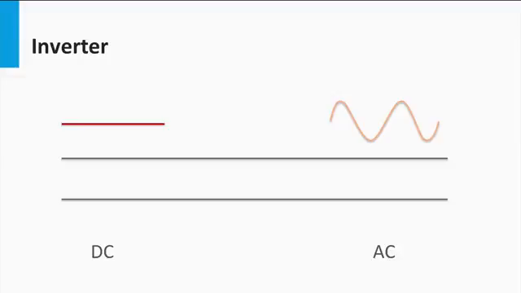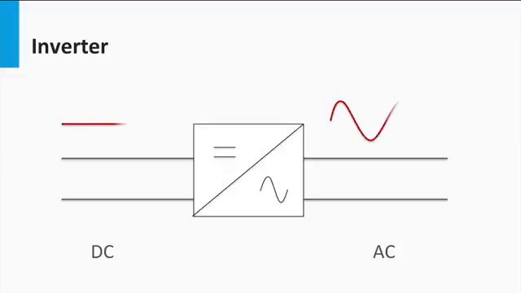How do we make this conversion from DC solar power to easily usable AC power? We need a device which can simply convert a DC electric signal to an AC one. This device is an inverter.